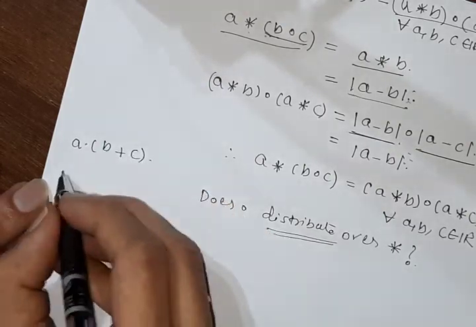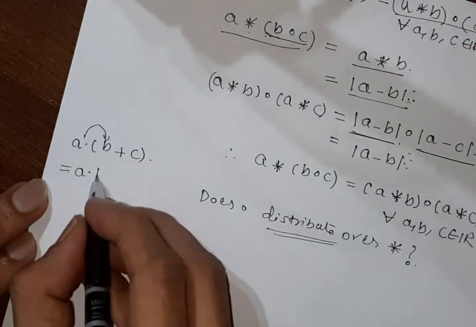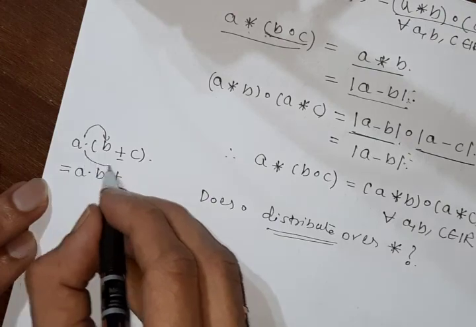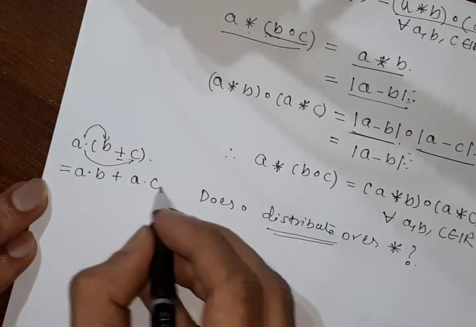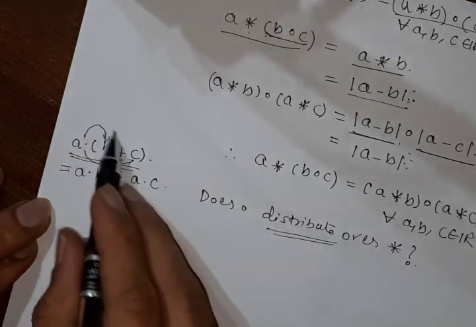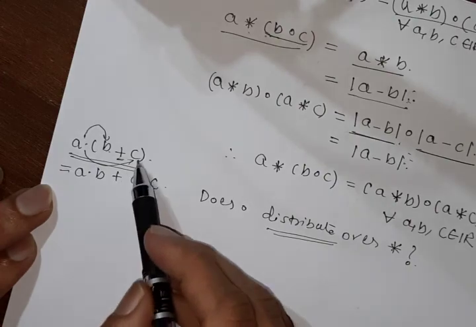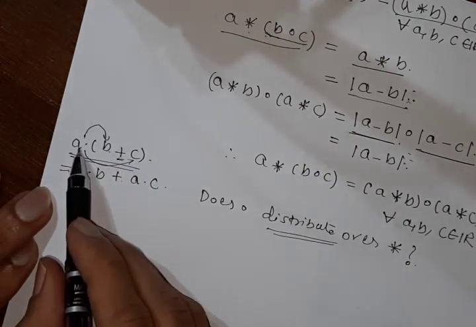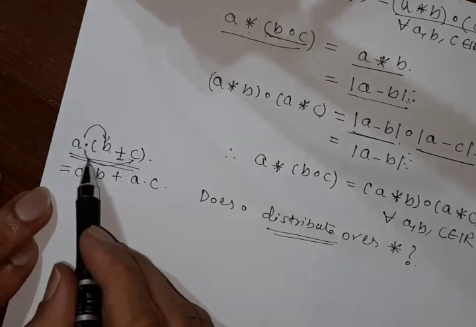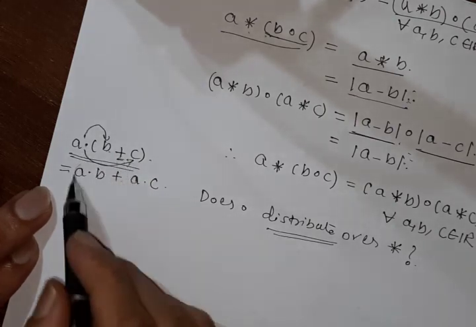Then this will be equal to A multiplied by B, plus A multiplied by C. This is what you do when you open the bracket. You are distributing multiplication over addition. So multiplication distributes over addition.